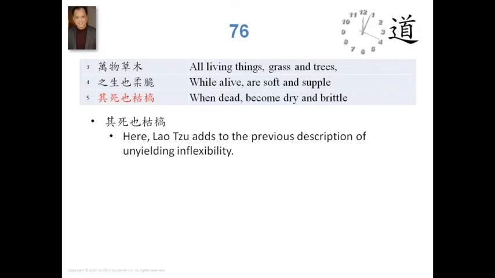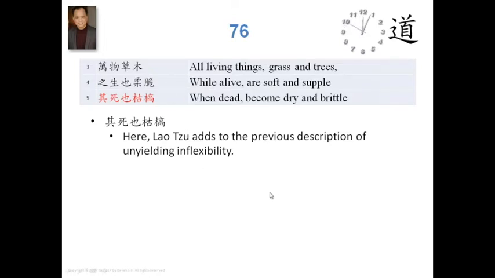Like for instance, if I am inflexible, if I am not willing to give an inch, then I've been afflicted with a condition which basically Lao Tzu says is death of the mind, death of the mindset. So in addition to inflexibility, toughness, lack of suppleness, here we add more to that.